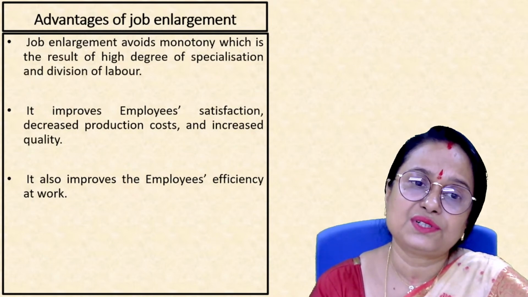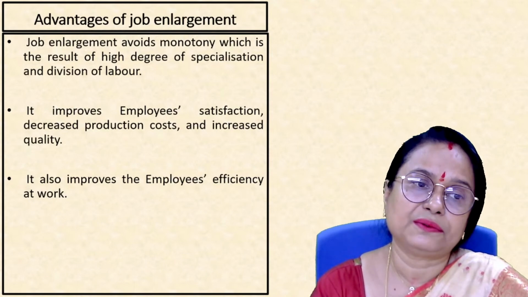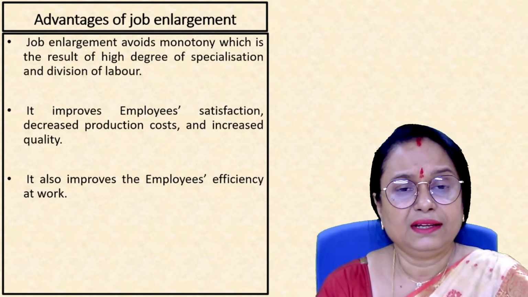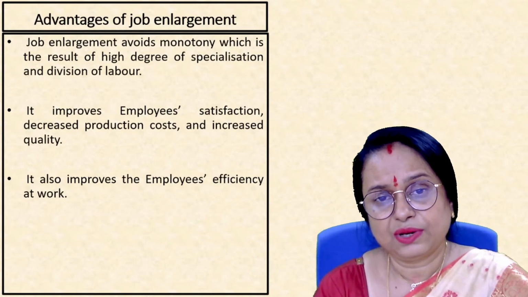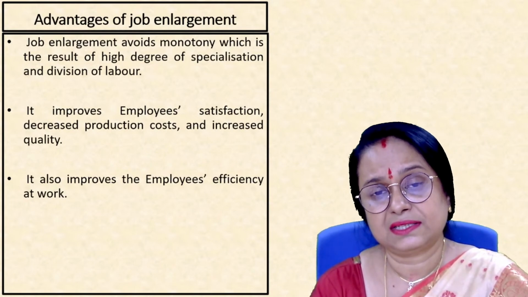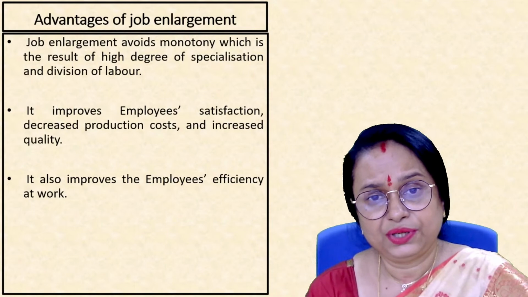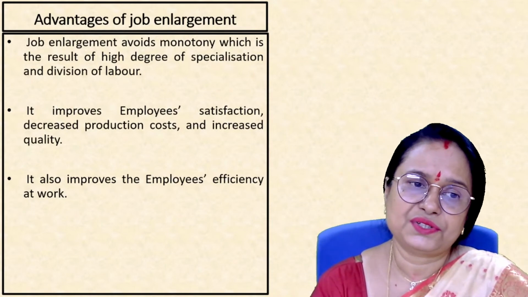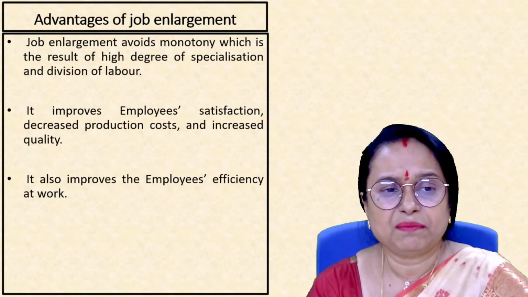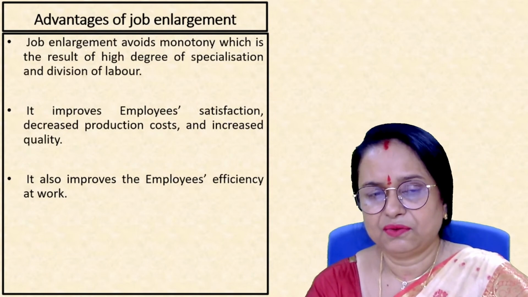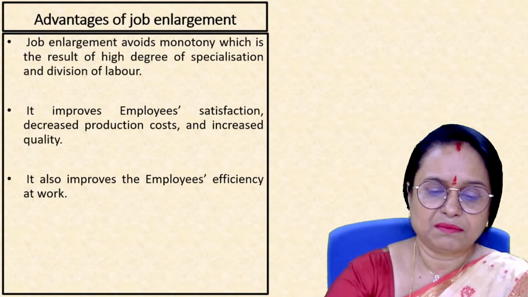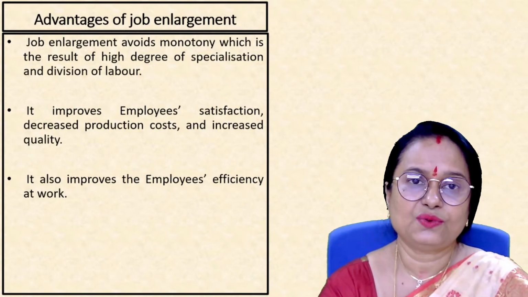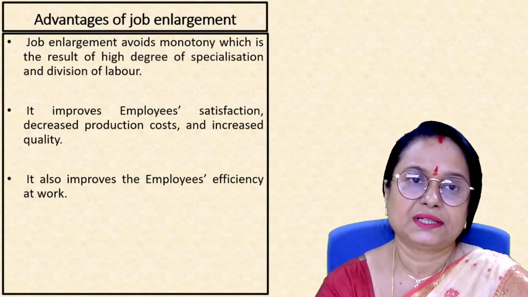So production cost will definitely go down. Then increased quality, so as he becomes a specialist, he gives better quality job to the organization. It also improves the employees' efficiency at work. So these are some of the advantages of job enlargement.